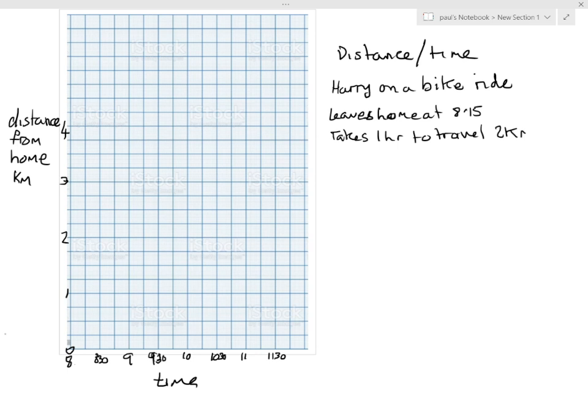Not very fast on his bike, but never mind. He stops for a rest for 30 minutes, cycles another kilometer in half an hour.